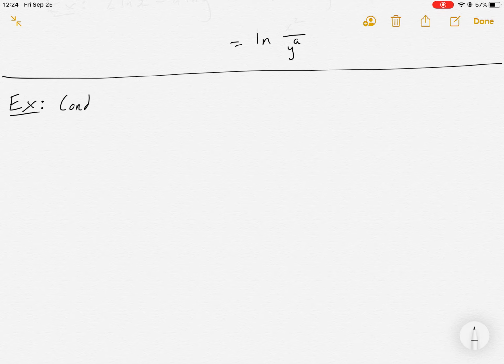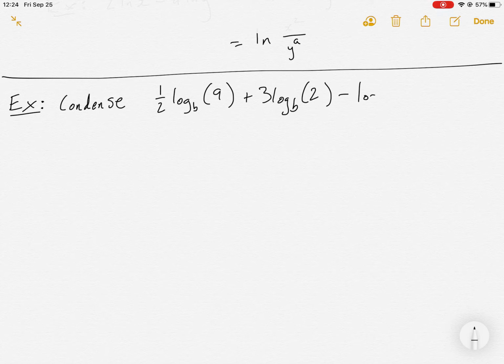So we're going to condense 1/2. Now notice I'm going to use a b for the base. I don't really care what the base is in this case. So it's 1/2 log base b of 9 plus 3 log base b of 2 minus log base b of 6.